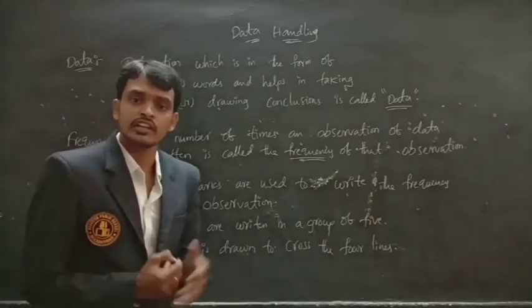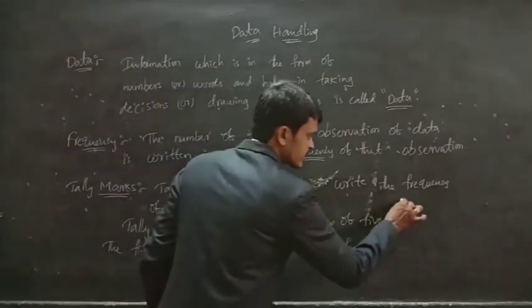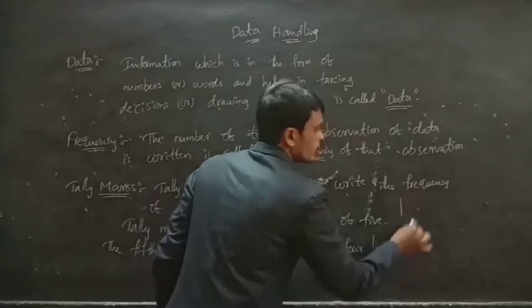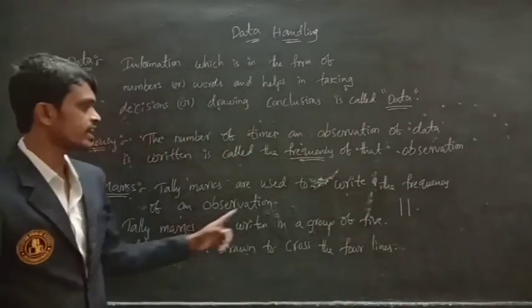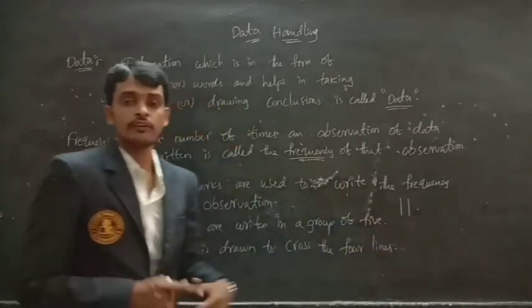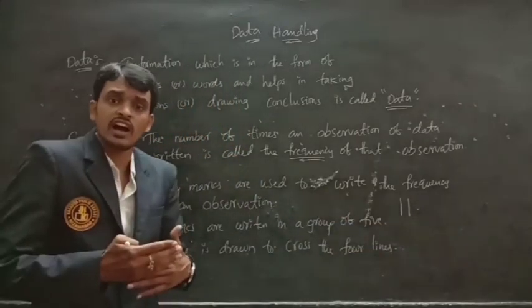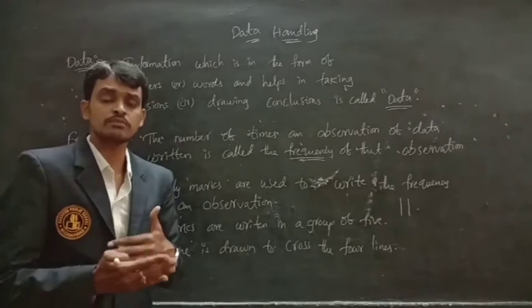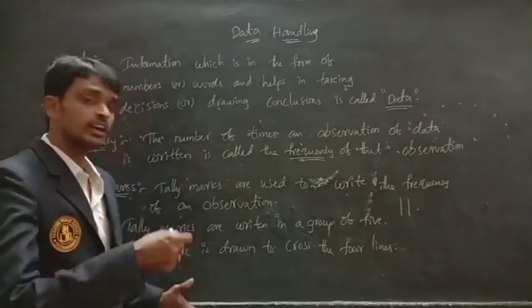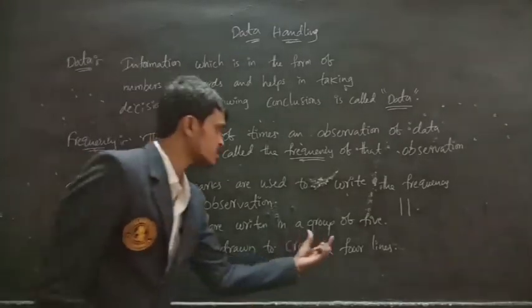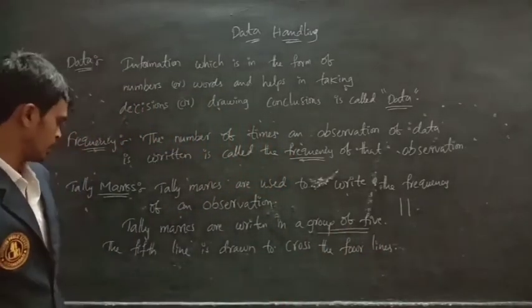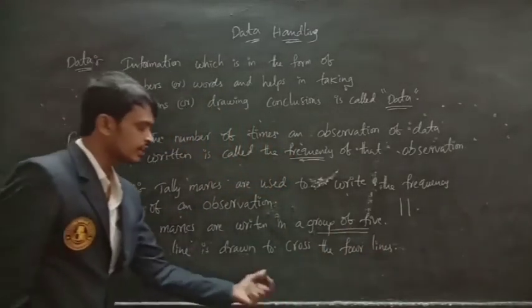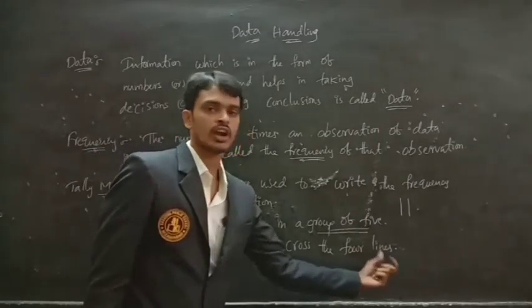The tally marks will show as standing lines. If the observations are more, we will represent the tally marks as a group of 5. In a group of 5, the fifth line is drawn to cross the 4 lines.